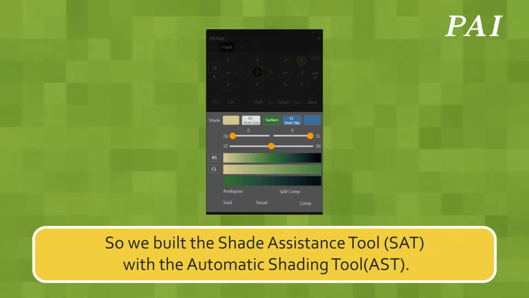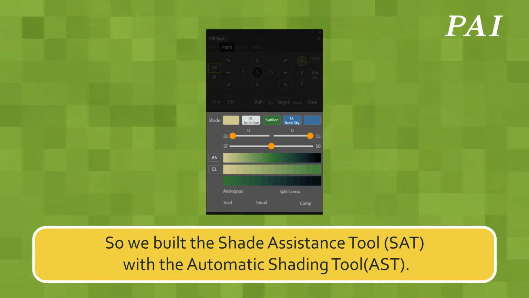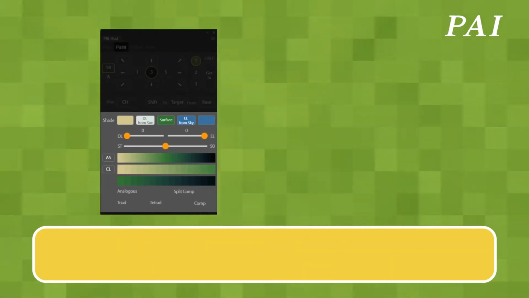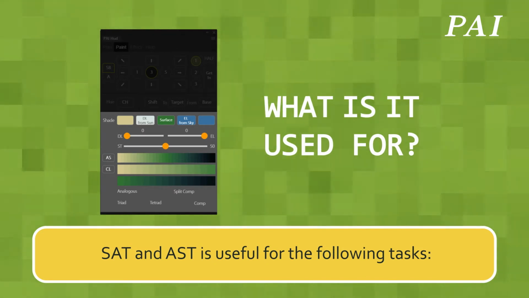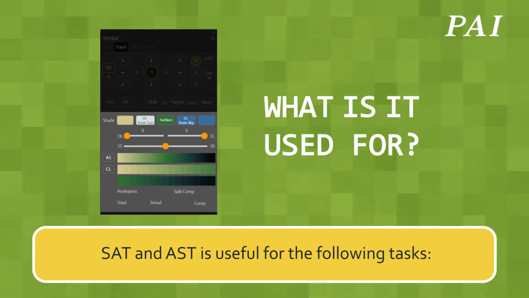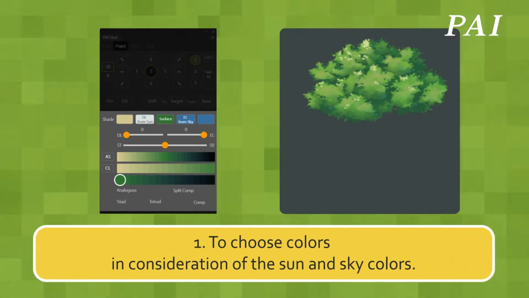So we built the Shade Assistance tool with the automatic shading tool. SAT and AST is useful for the following tasks. 1.